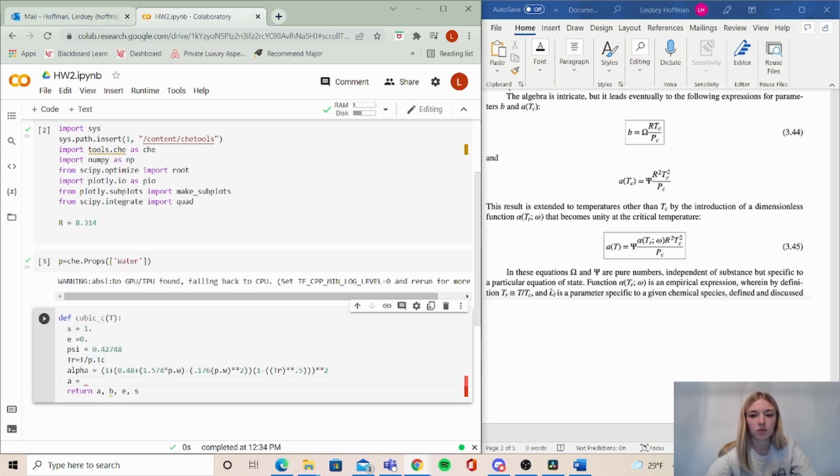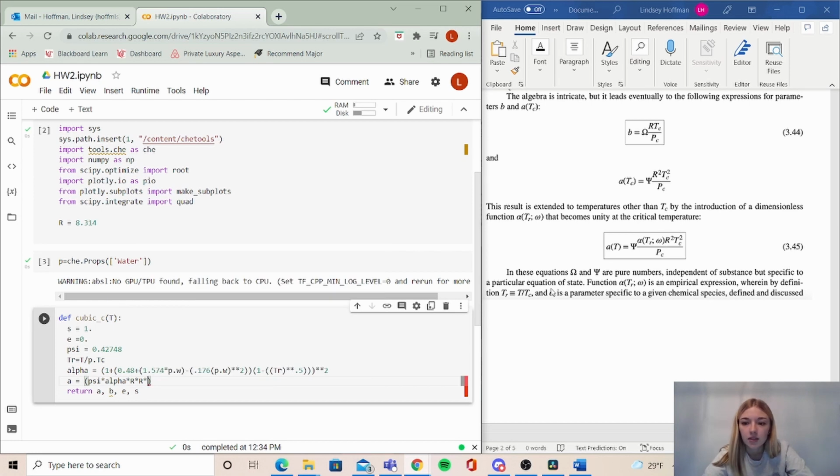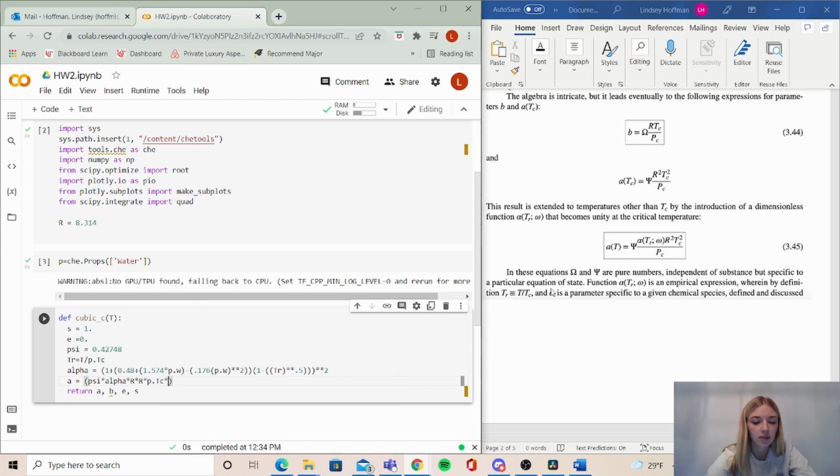Say A equals psi times alpha times, and our R value we already specified, so we can just do R times R times our critical temperature, which we define P dot TC. And that's all going to be divided by our critical pressure. So that's also going to be specified by the CHE props.